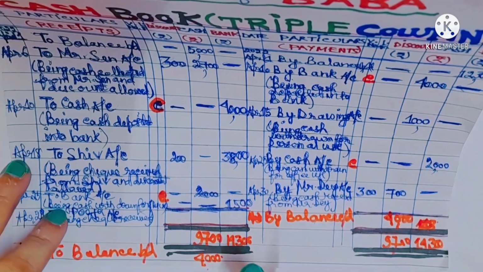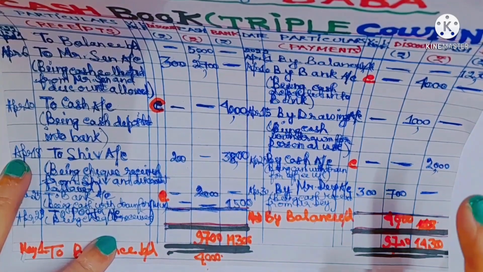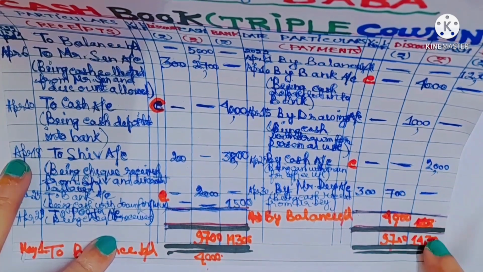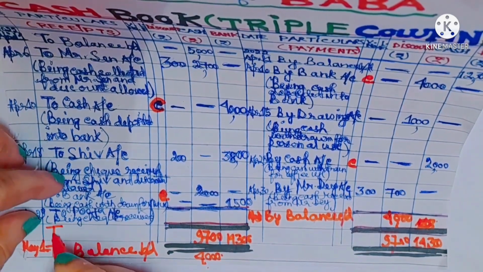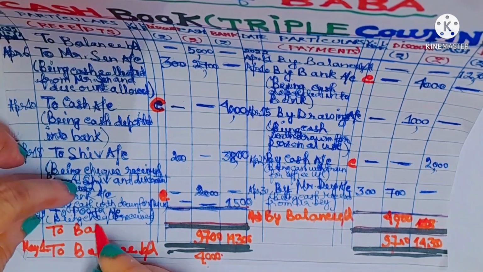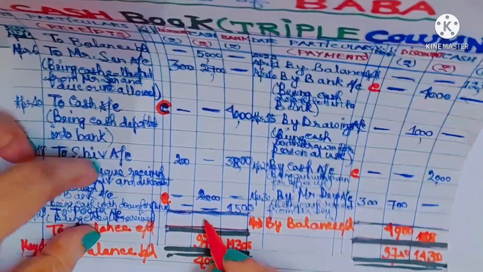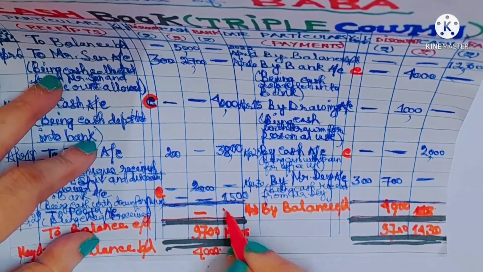The bank column on the credit side is greater than the bank column on the debit side. What is the total of the bank column on the debit side? It is 9,300. If you deduct 9,300 on the debit side from the total of 14,300 on the credit side, you'll get 5,000. To balance CD in the bank column, how much? 5,000.